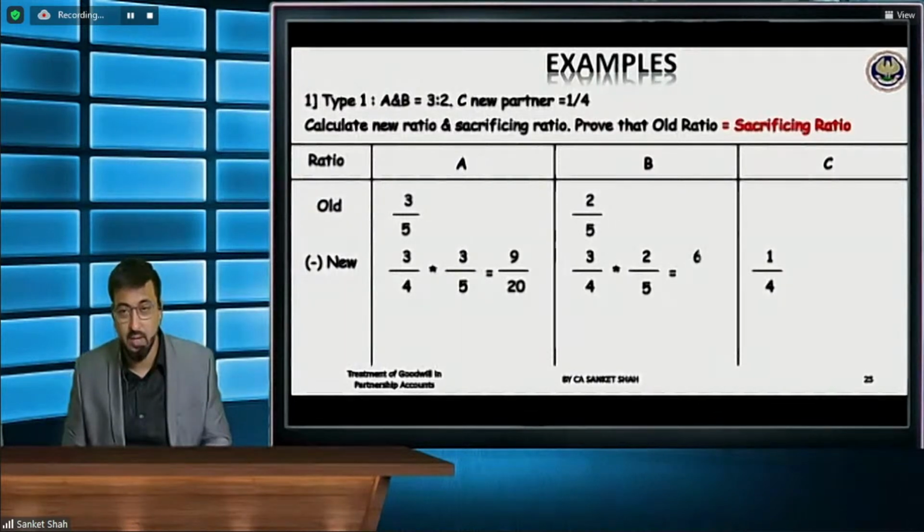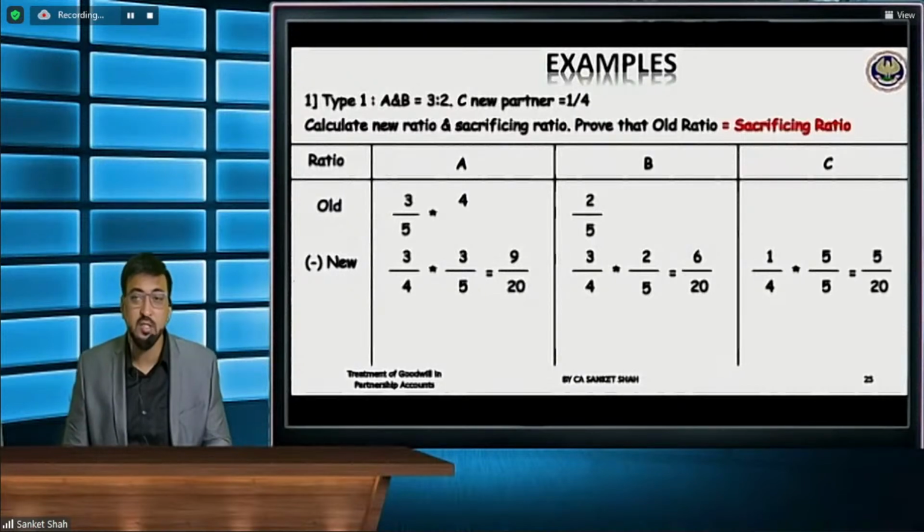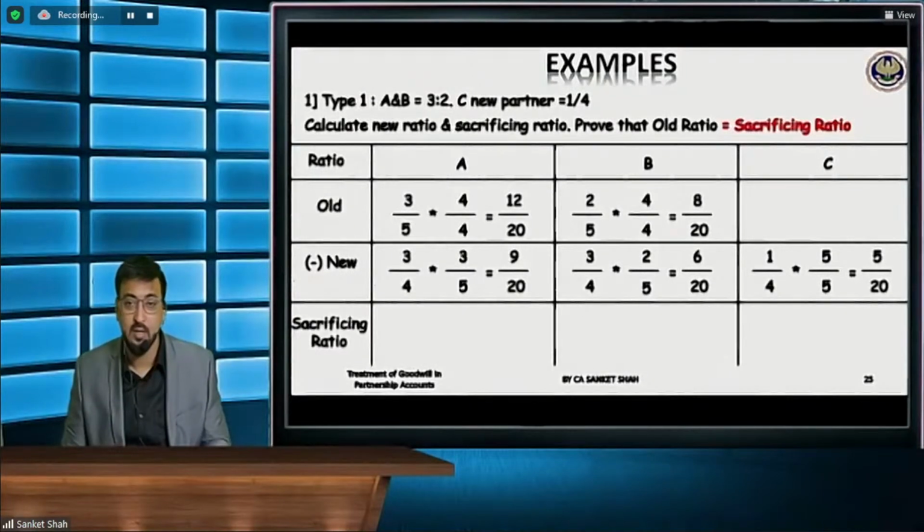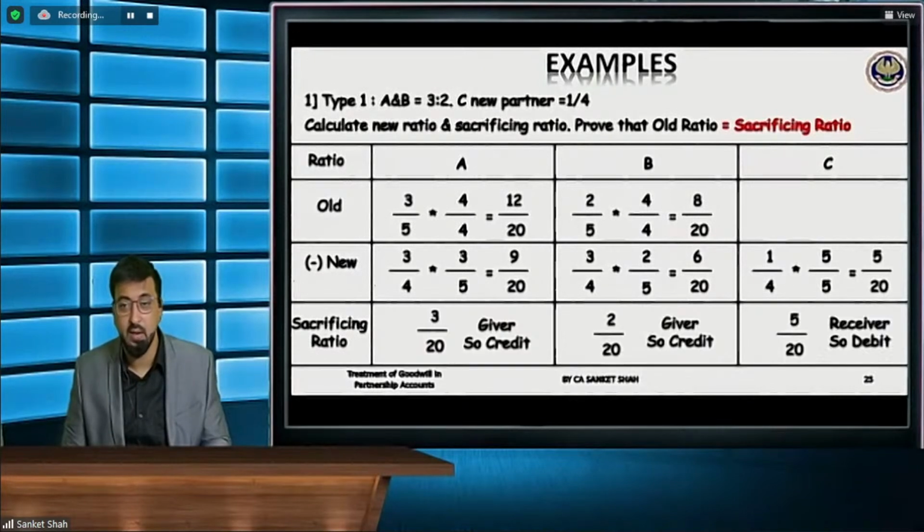Here 9/20, 6/20, 5/20, and you can check 9 plus 6 plus 5 is 20. Remember this, it's a cross check. Here we multiply by 4/4, 12/20 and 8/20. So 12 plus 8 is also 20. And what is the sacrificing ratio? 3/20, 2/20, and 5/20.